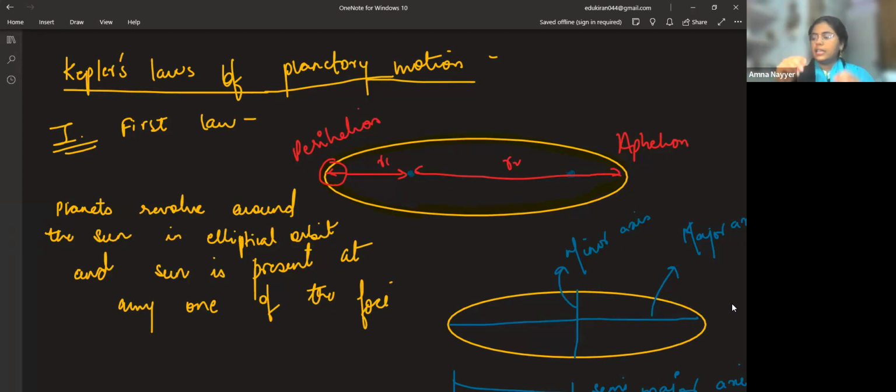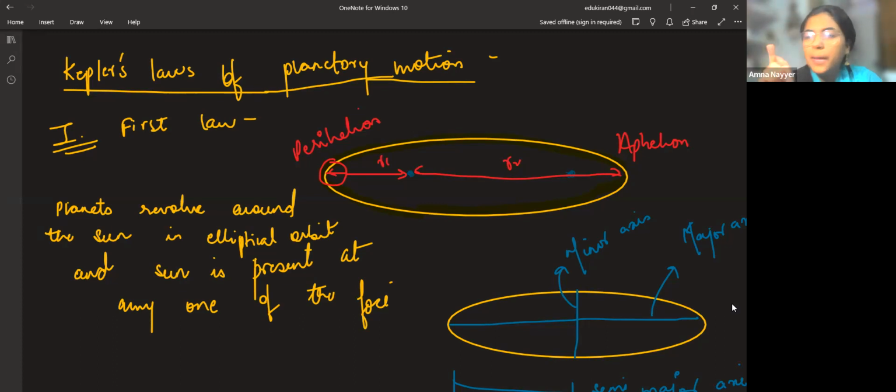See, when an object revolves, suppose this is an object and this one is revolving around it. If it revolves like this, in complete proper circles, we call it a circular orbit. Planetary orbit is elliptical.